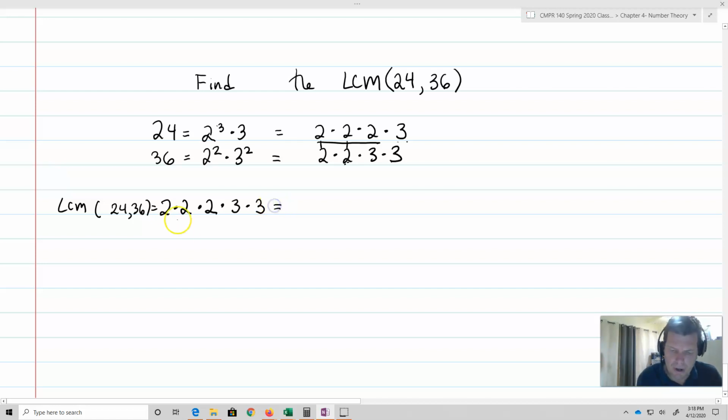Notice 2 times 2 times 2 is 8, times the 3, that's 24, and this 2 times 2 is 4, times the 9, that's 36. So this number incorporates both 24 and 36, so it's a multiple of both. It is 72, and since there are no additional factors, it's the least common multiple.